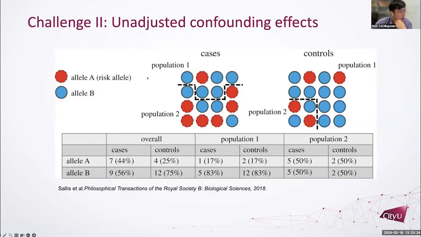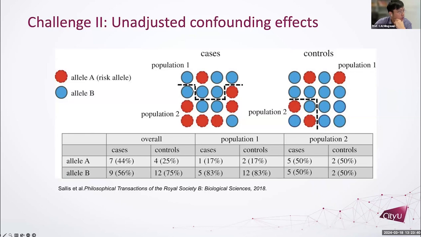So here's an example. Suppose that we are looking at two alleles, allele A and allele B, and we assume that we have two subpopulations, subpopulation 1 and subpopulation 2.